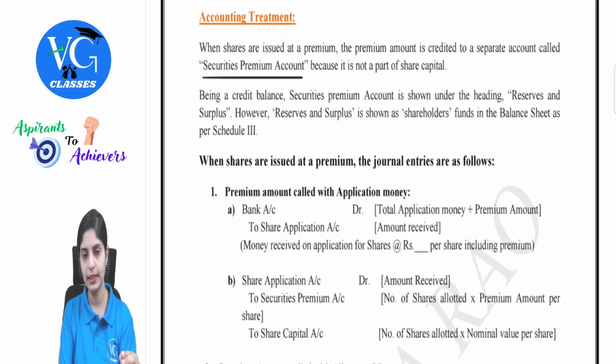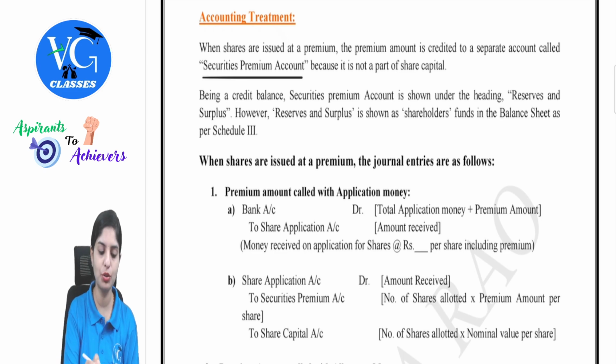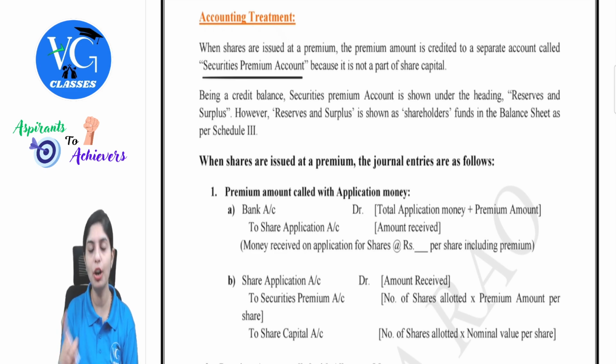Now what happened in this case? We are receiving something extra. That extra amount is towards securities premium. In order to not disturb the nominal value of shares, we have a separate account called securities premium, and this is not part of share capital.